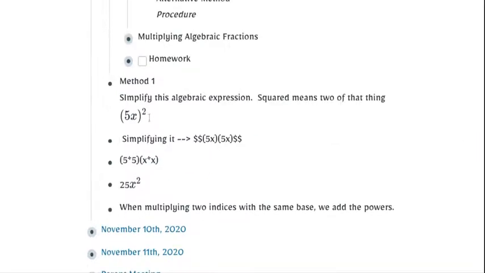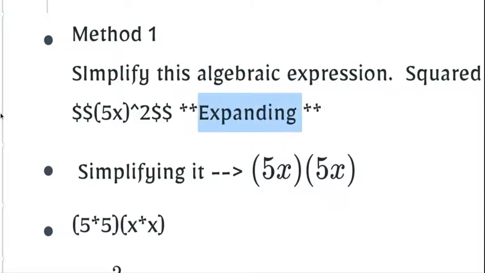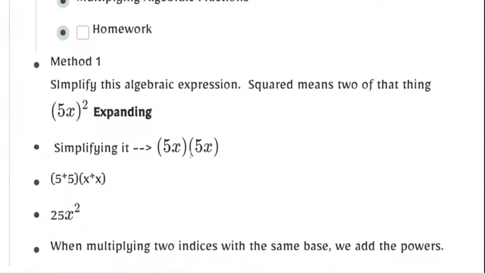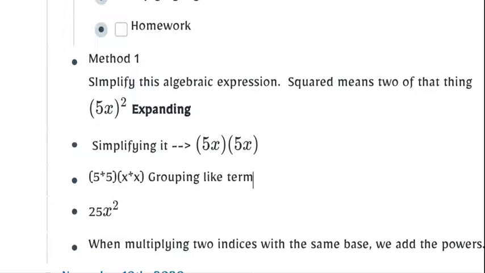In order to get this to a simpler format, we expanded it. So right beside each of the steps, write: expanding. After we expanded and we got 5x, we simplified it to say 5 times 5 and x times x. And in this, we grouped like terms.